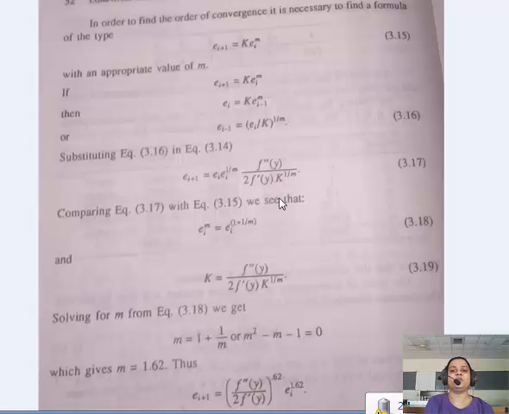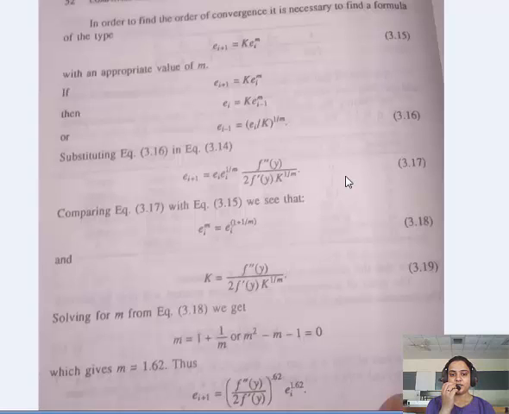So finally we got equation e_{i+1} is equal to e_i to the power 1 by m into f double dash y upon 2 f dash y into k to the power 1 by m. In this way we got equation 3.17.